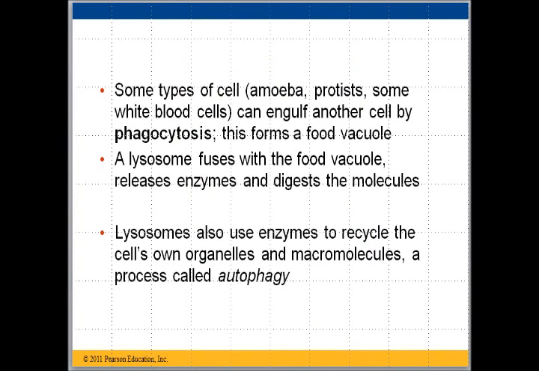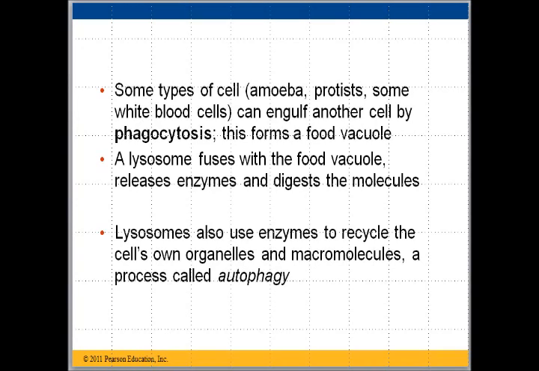Continuing on talking about lysosomes, there are some types of cells or single-cell creatures like amoebas and protists, and even some cells within our own body, certain types of white blood cells called macrophages, that actually eat by engulfing another cell. So they will kind of surround and engulf another cell, and this is called phagocytosis.